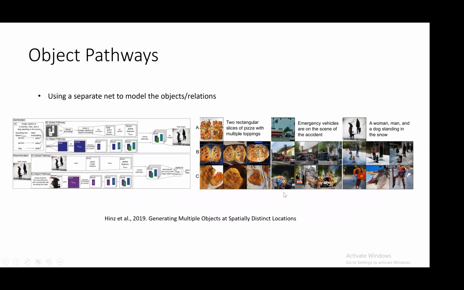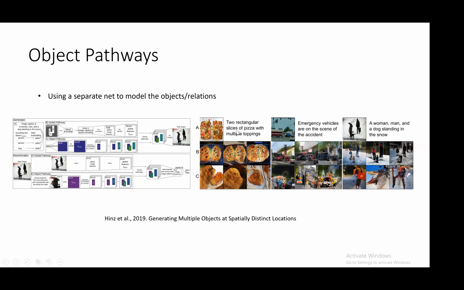Also, another work in the same year proposed was called Object Pathway. It's not just handling different objects, but also modeling some implicit relations between different objects using a framework called object pathway. By integrating this object pathway, you can see the Object Pathway GAN can generate very good examples.